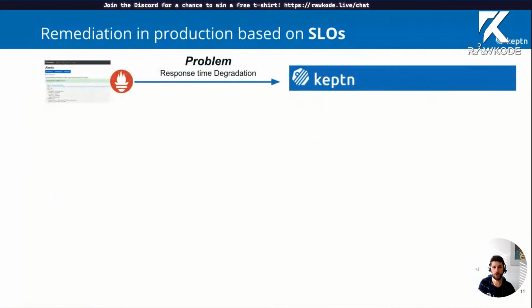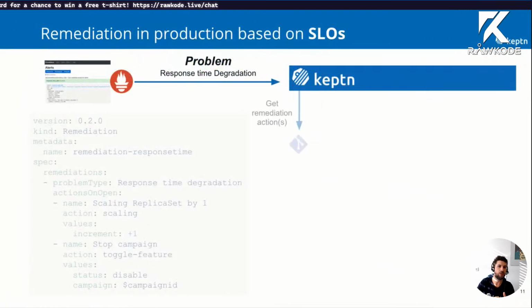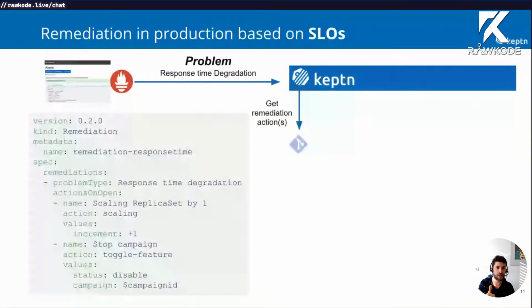For example, we have an alert coming in from Prometheus. Keptn will first take a look if there is a remediation action defined for this service that is affected in a particular stage or environment, like pre-production, production, whatever.